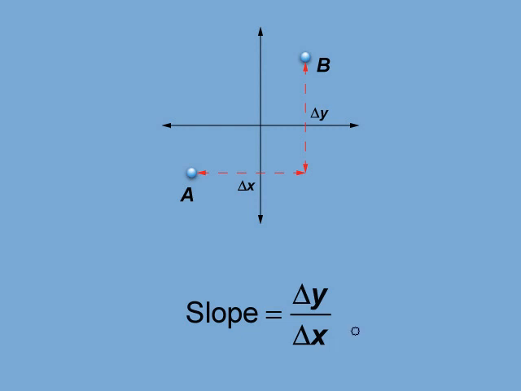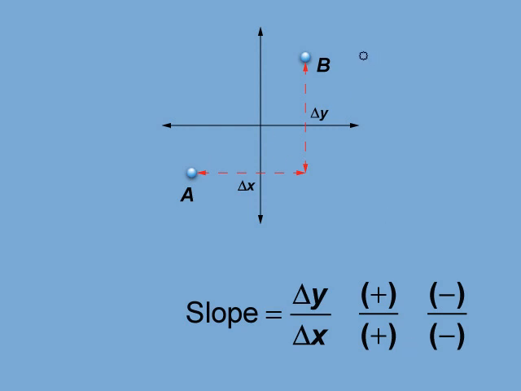The first case, shown here, is when point A and B are arranged so that B is up and to the right of A. In such a case, the slope is positive. The values of delta y and delta x are either both positive or both negative. In either case, the slope is positive.